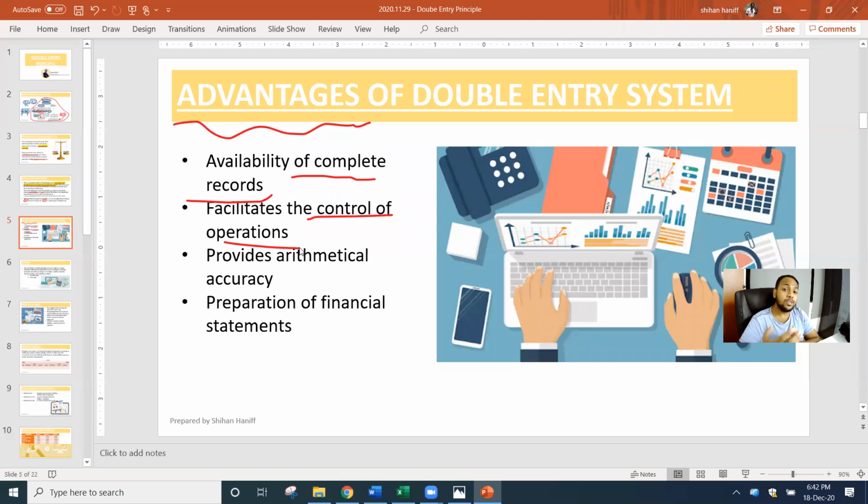If one entry is missing, you can easily identify it using a trial balance, because all the debits should be equal to all the credits. It provides arithmetical accuracy: when you have debited 50,000, you have to credit 50,000. So arithmetically, you will have a check, and it helps to prepare the financial statements. These are some of the advantages of using the double entry system.